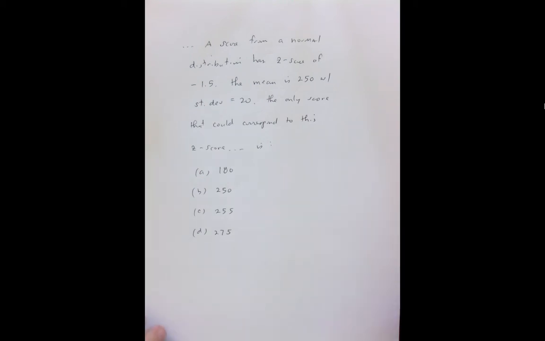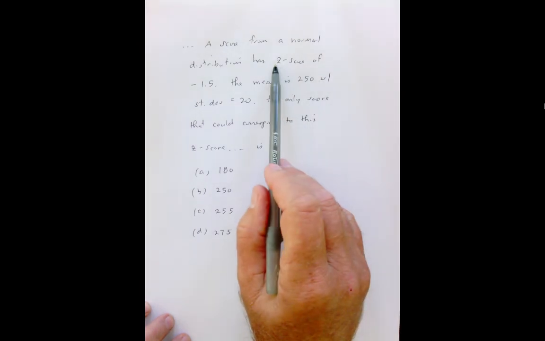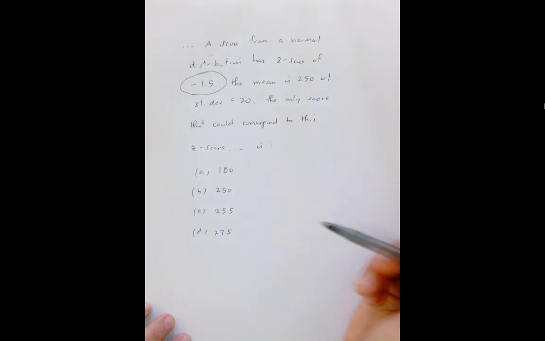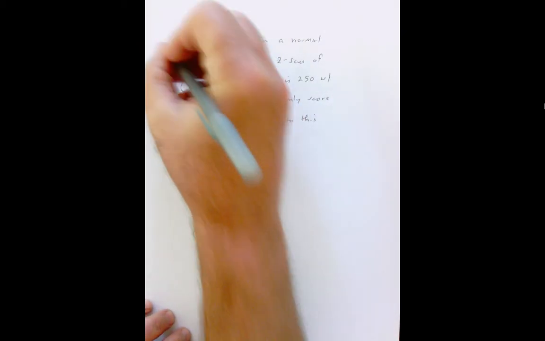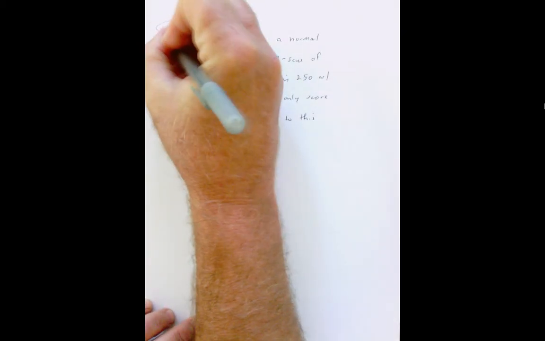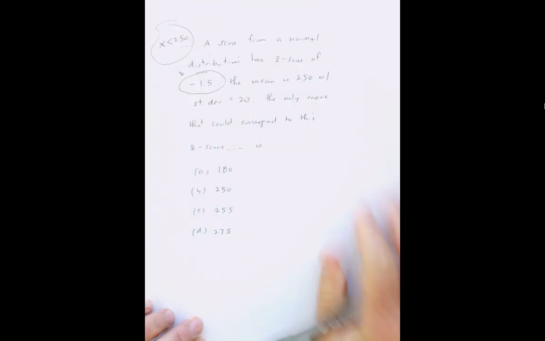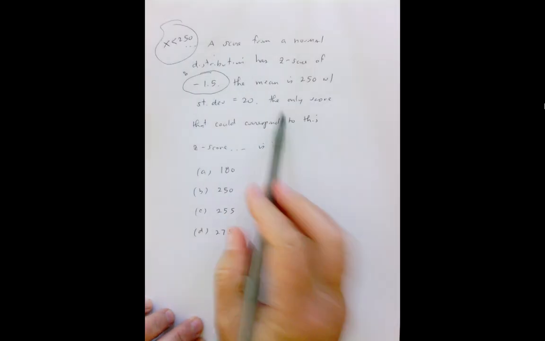Okay. Now, I was really shocked that this was one of the most commonly missed questions on the exam. Because, first of all, if you have a z-score that's negative, it is a no-brainer that that particular x has to be below the mean. The mean's 250.